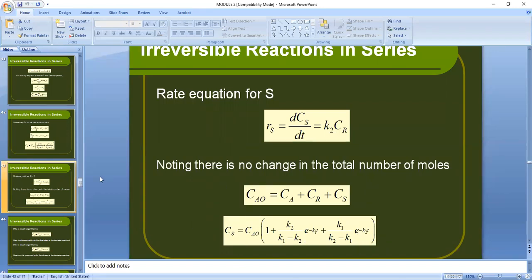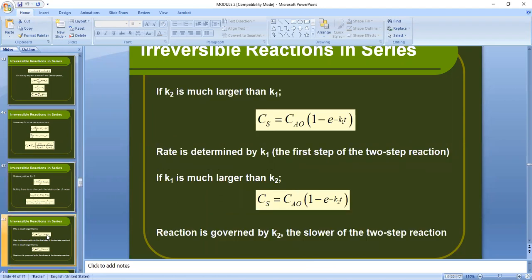So if we're going to look into the formula for determining the final concentration of the end product, just simply look at these generalizations made by Levenspiel. If K sub 2 is much larger than K sub 1, then the rate of reaction or the amount of the product is solely dependent on the first step.